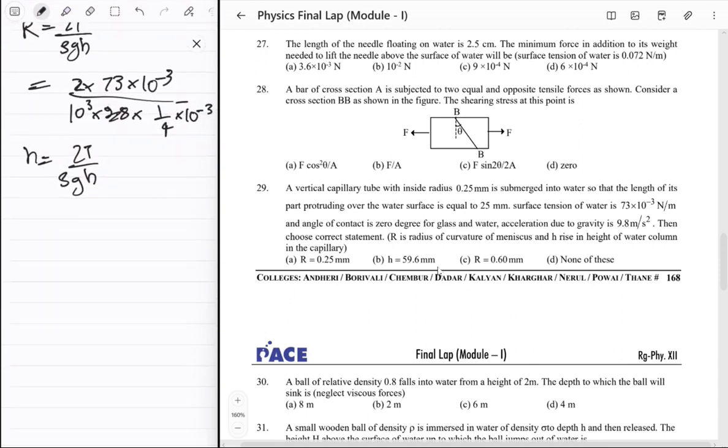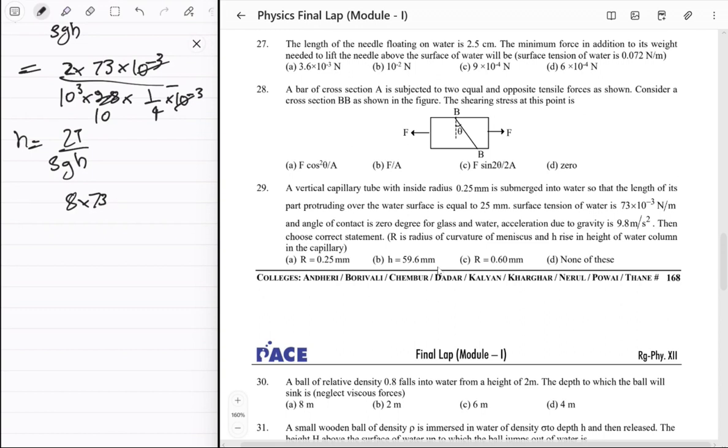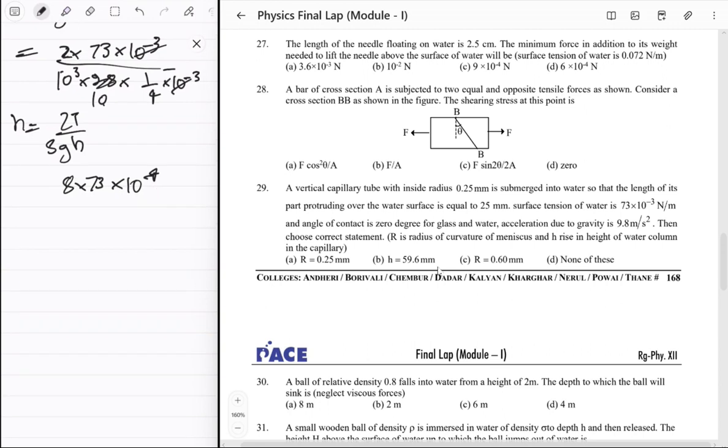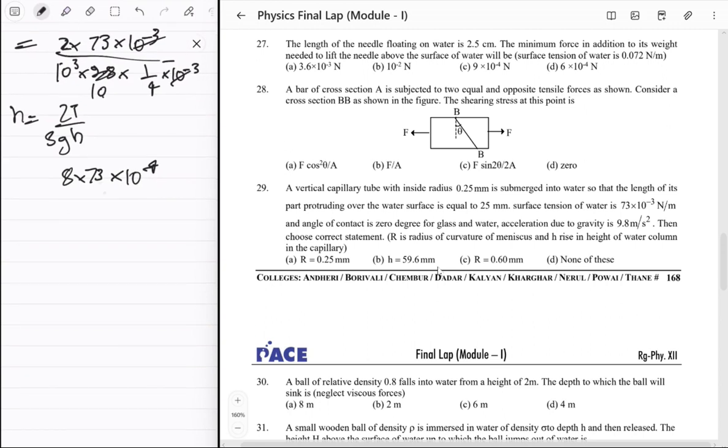So approximately 10 ही लो ना, क्या जा रहा है? क्या हो जाएगा ये? ऊपर जाके 8 times 73 times ये तो गया just 10 power 4, so 10 power negative 4 like that, right? These many meters. So basically yeah, okay, कितना जाएगा ये? 58.4 millimeter, right?